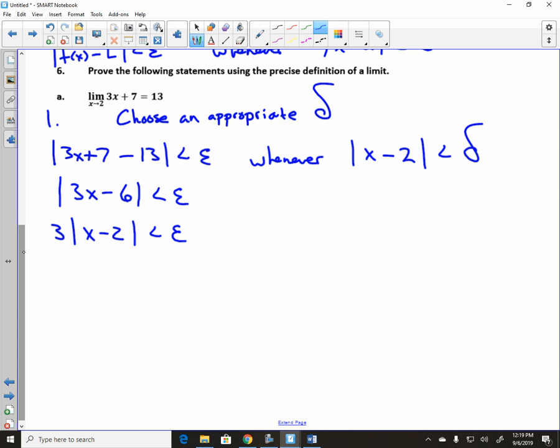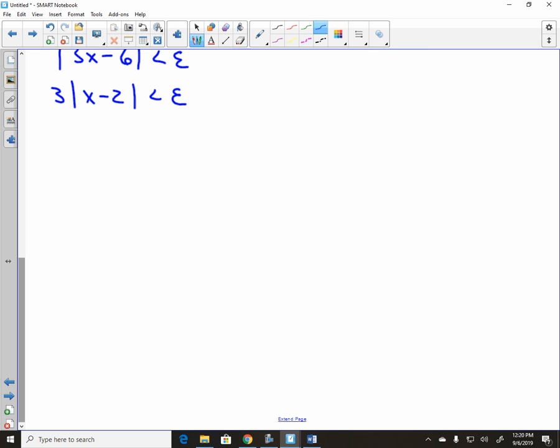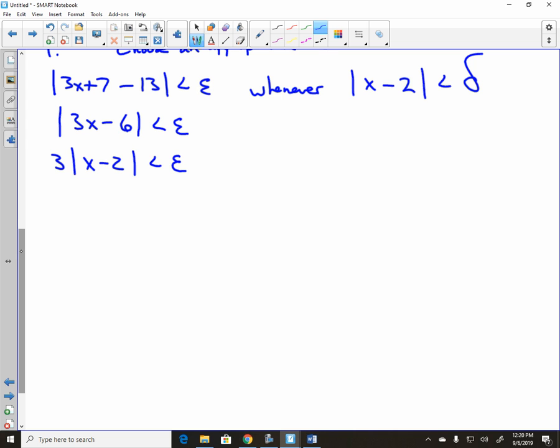Does that look even more similar to the right-hand side? Anybody want to guess what I do now? I'm going to divide both sides by 3. And I get the absolute value of x minus 2 is less than epsilon over 3.